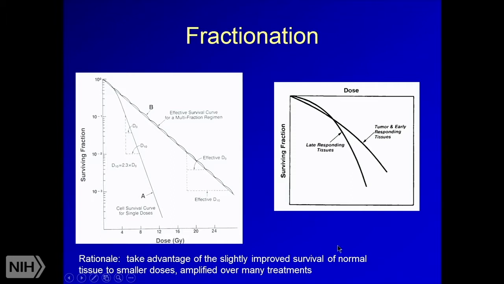And the rationale of this is really that we want to take advantage of improved survival of normal tissues using smaller doses, which we then amplify over numerous treatments. And so this is a curve here looking at how late responding tissues respond and how tumor and early responding tissues look when we compare dose to surviving fraction.